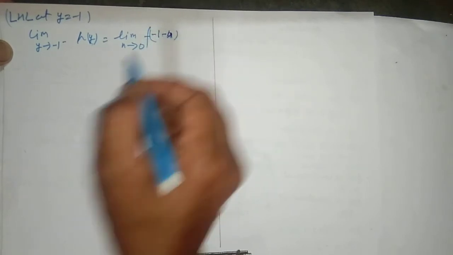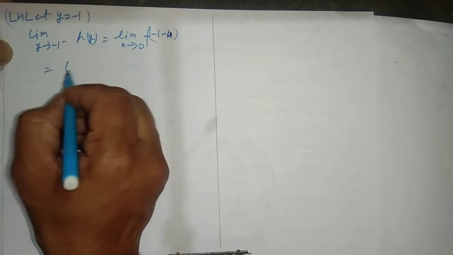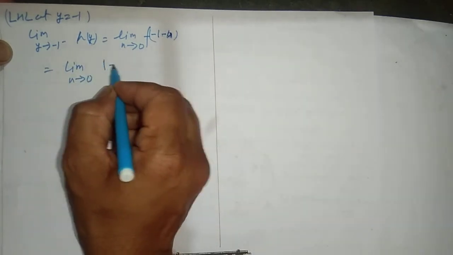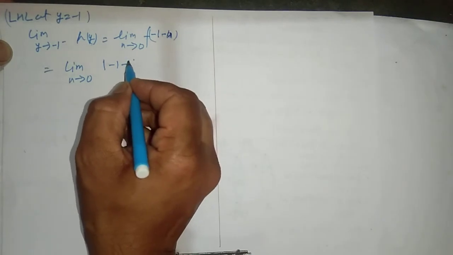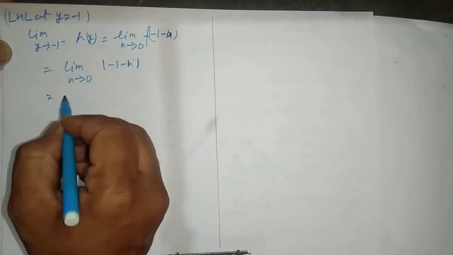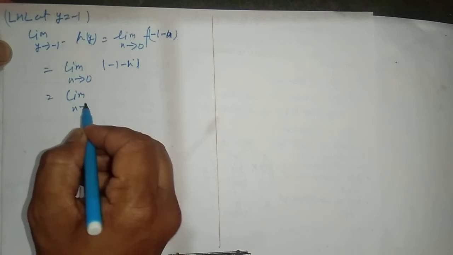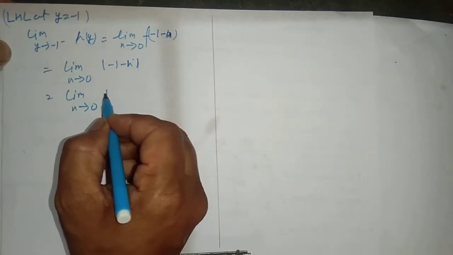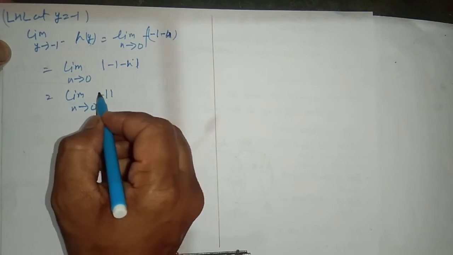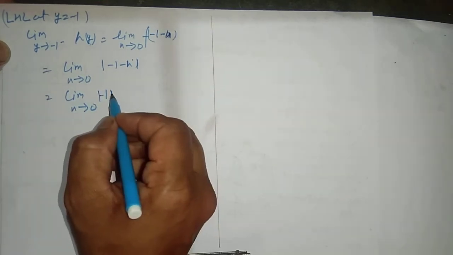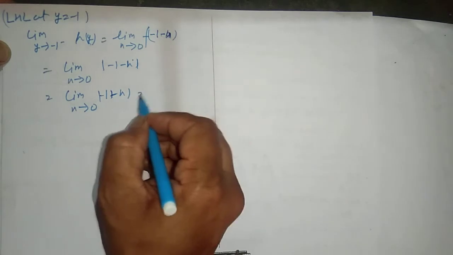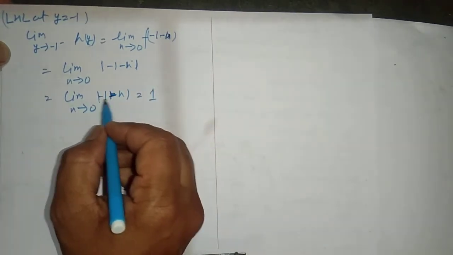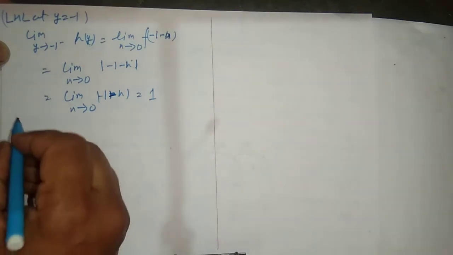Clear? And if we put this value, limit h tends to 0, so modulus of -1 minus h, and we get 1, because we know that modulus of -1 is 1.